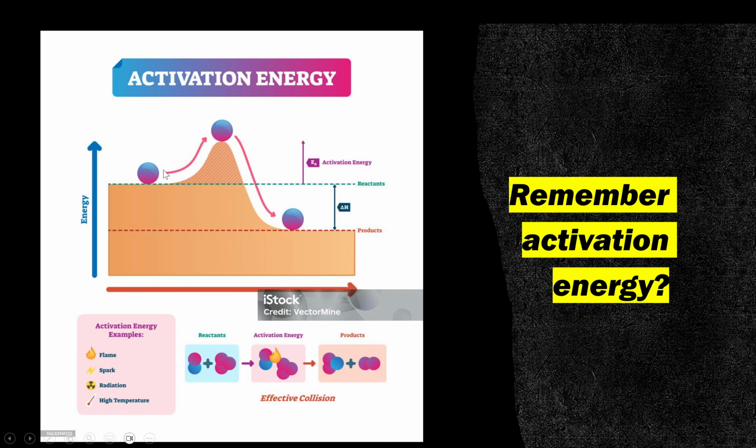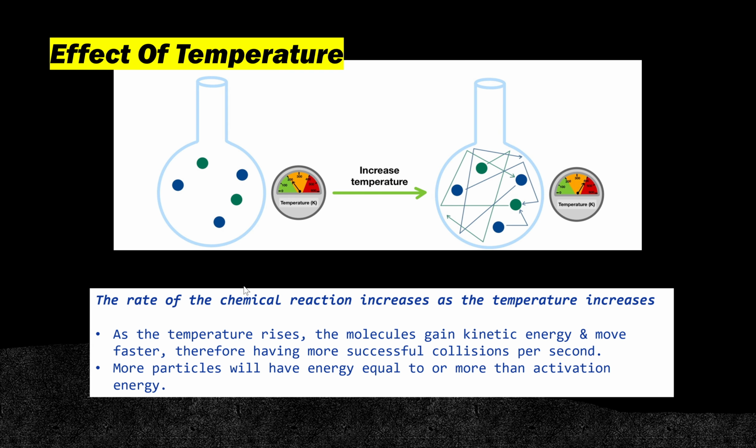If you remember activation energy, we say that activation energy is energy needed for the reaction to proceed, or the minimum amount of energy required by colliding particles for a reaction to take place. The presence of high temperature, increasing temperature, does a very, very unique thing.